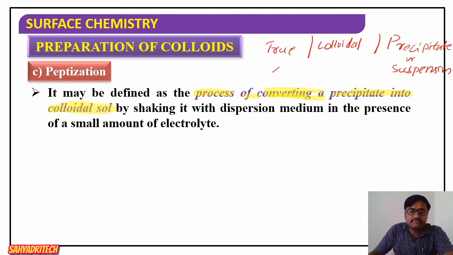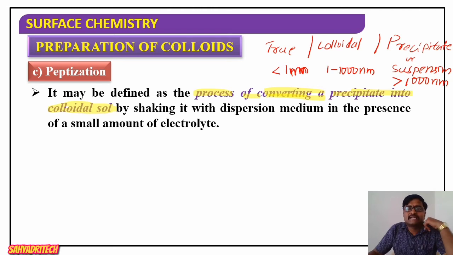It is based on the size of the particle. If the size of the particle is less than 1 nanometer, it becomes a true solution. If the size of the particle is in the range of 1 nanometer to 1000 nanometer, it becomes a colloidal solution. If the size of the particle is greater than 1000 nanometer, then such a mixture is considered a suspension, or I can say precipitate.